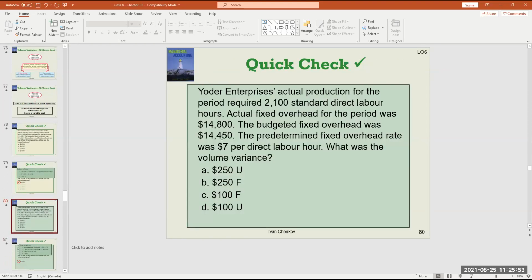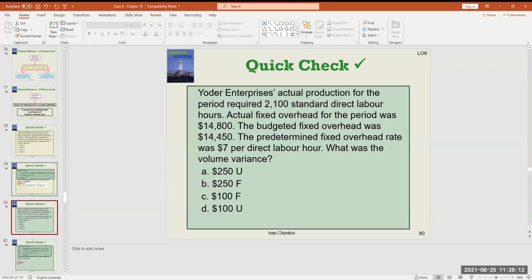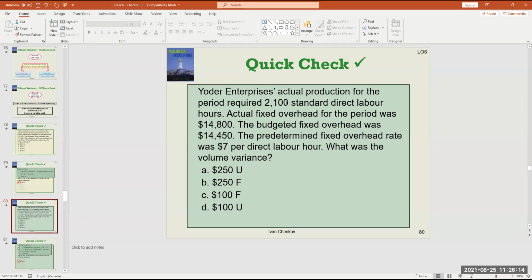So the standard hours that we need is 2,100. The rate is $7. We budgeted for 14,450. So what will be our volume variance here? We have the standard hours. We have the rate. How much will be 7 times 2,100?